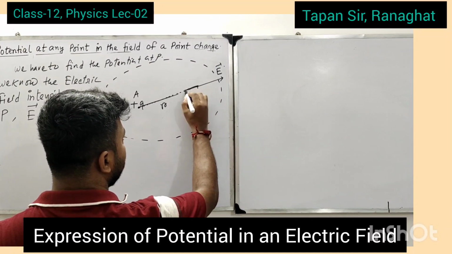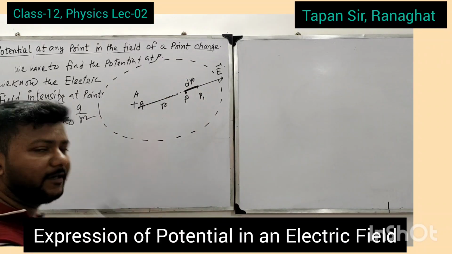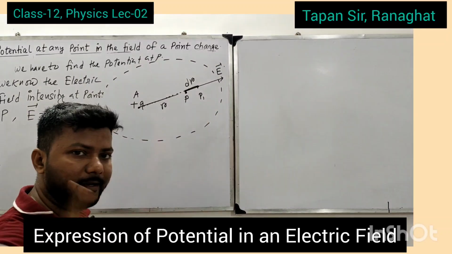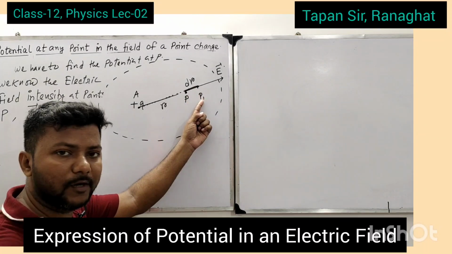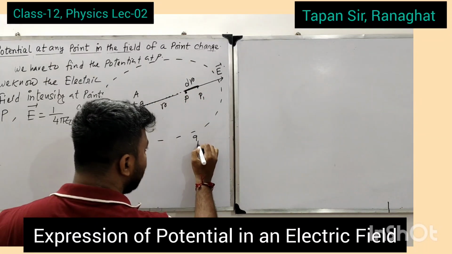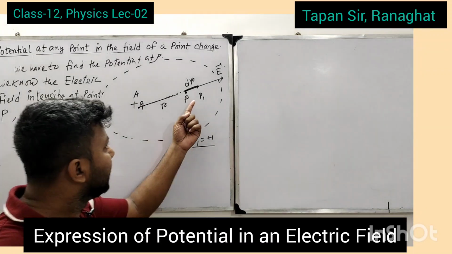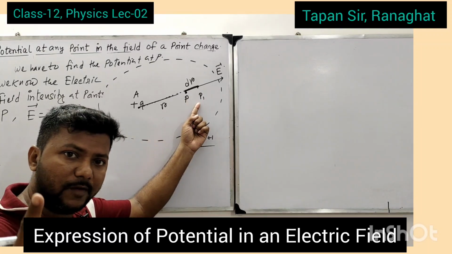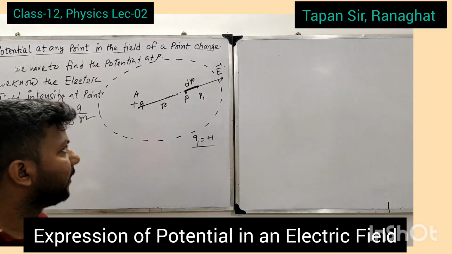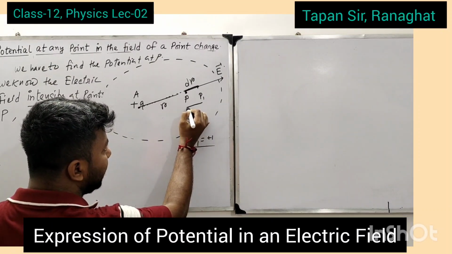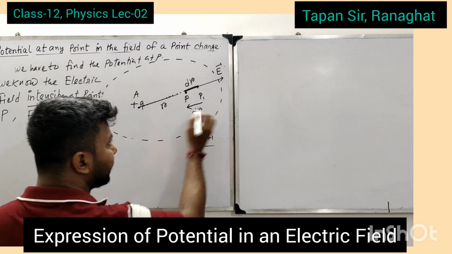So this is P1, and this is suppose dr. ठीक है, now let's see, यहाँ पर P पॉइंट में एक यूनिट पॉजिटिव चार्ज है, suppose Q1, this is equal to 1. ठीक है, now let's see, to bring the unit positive charge Q1 from P1 to P, here in this direction, okay, the displacement is dr, right?